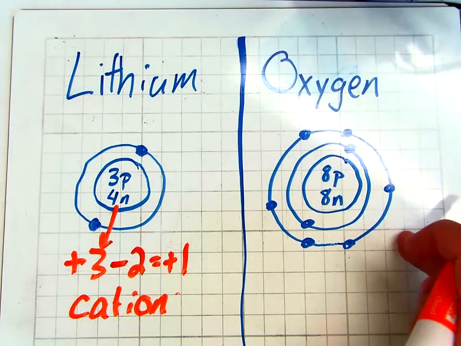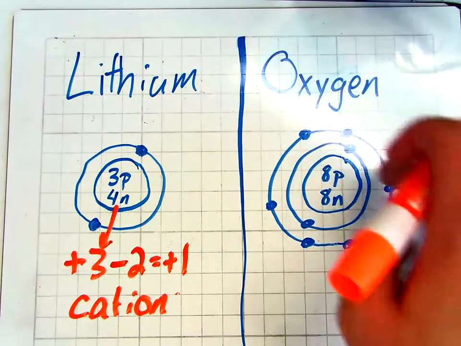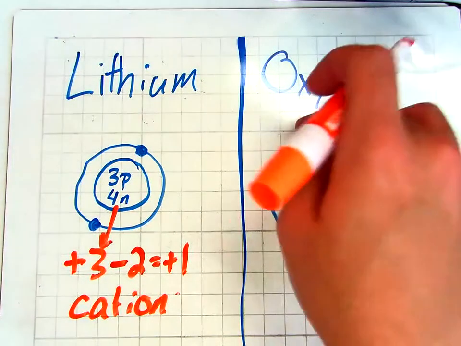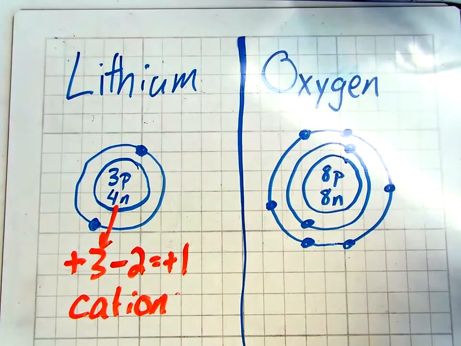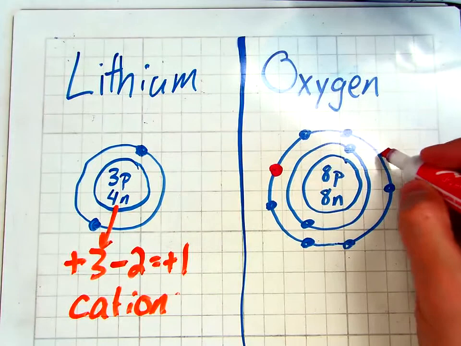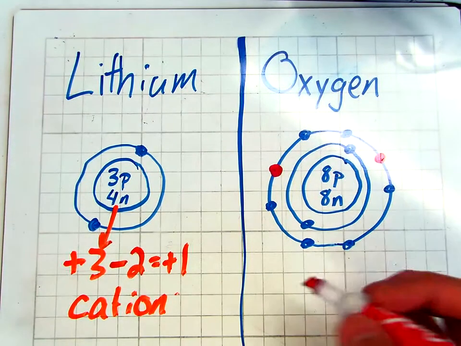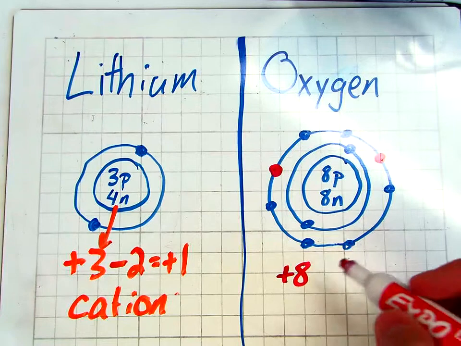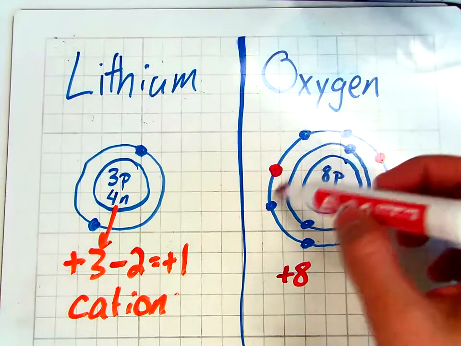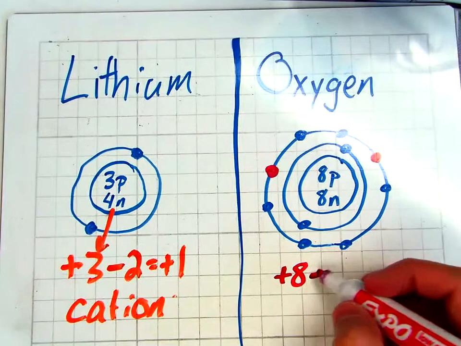For oxygen, oxygen wants to fill up with 8 in its outside ring. It's got 6 in its outside ring, so it's going to want to get 2 more from somewhere else. So those 2 more come in. Now it's got 8 protons, so it's +8, but it's got 1, 2, 3, 4, 5, 6, 7, 8, 9, 10 electrons.